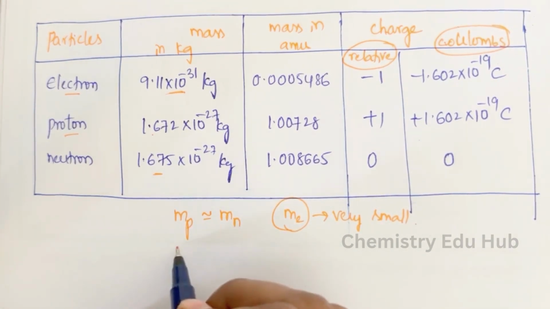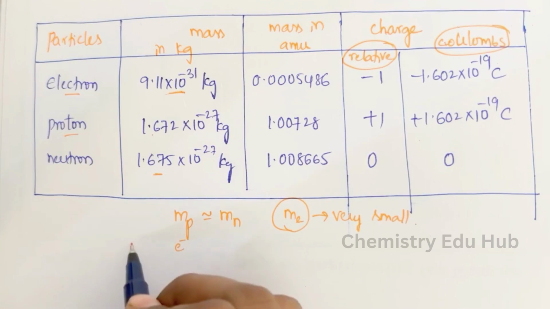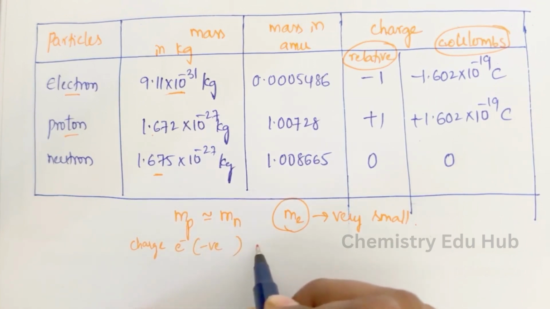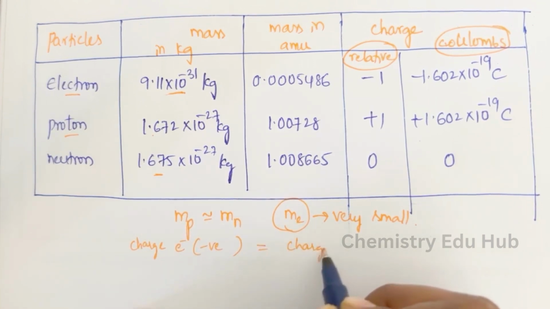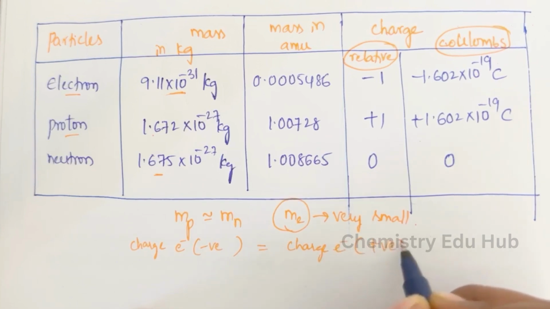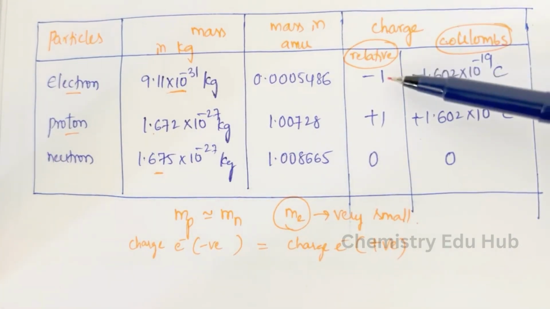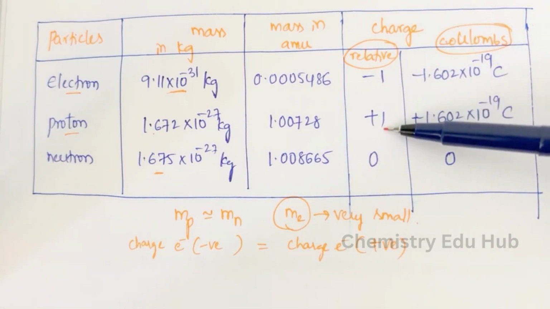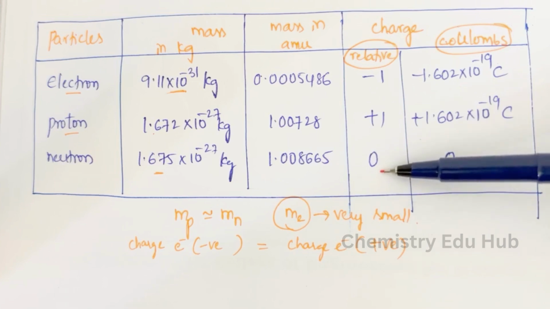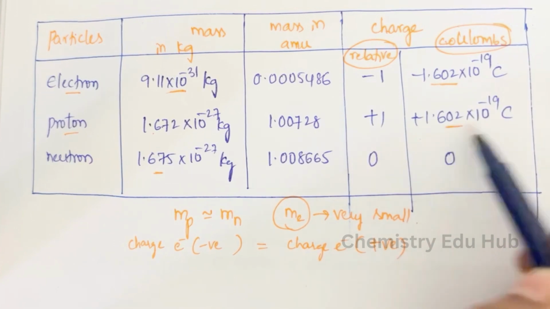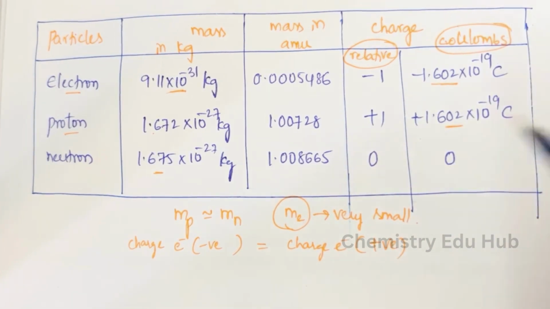The charges of electron and proton are the same in magnitude but opposite in sign. Relatively, electron charge is -1, proton charge is +1, neutron charge is 0.